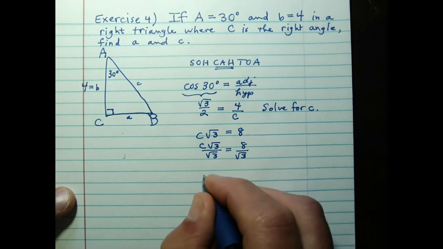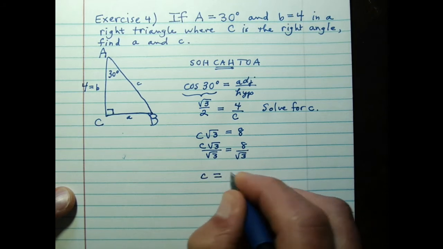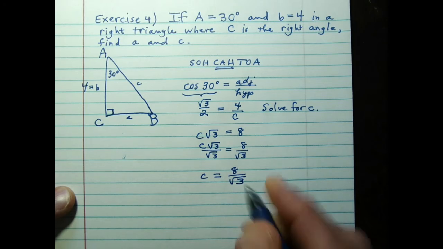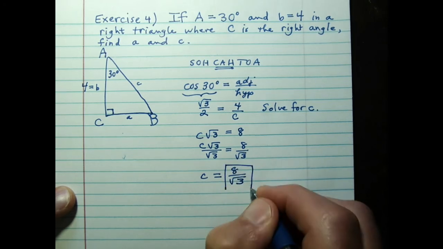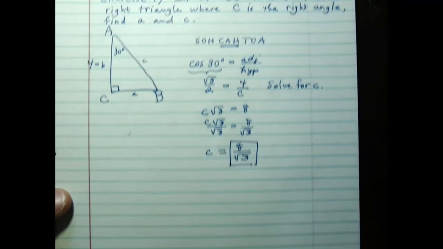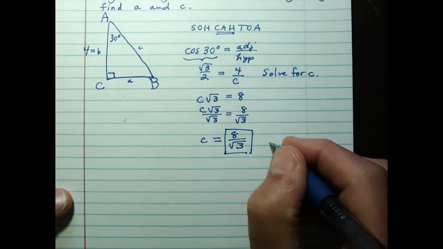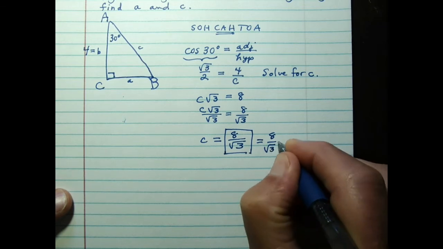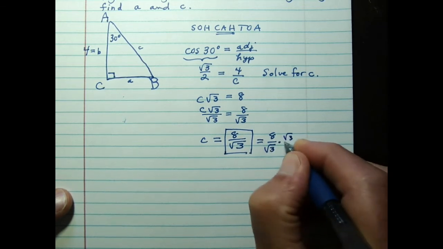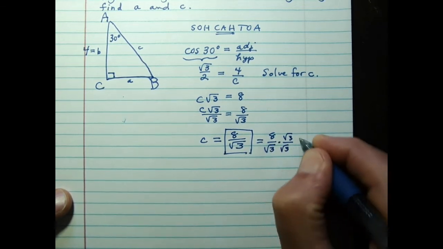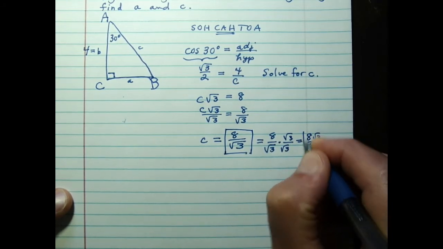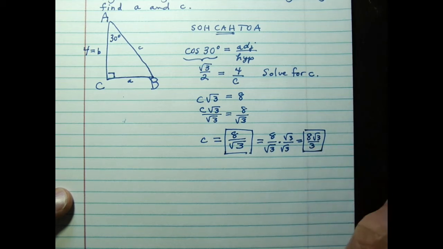And we get C is equal to 8 over the square root of 3, which I've been telling you is okay with me if you stop there. If you've had this drilled into you and you just can't sleep until you rationalize the denominator, go ahead and do that and you'll get 8 square root of 3 over 3. Same answer.